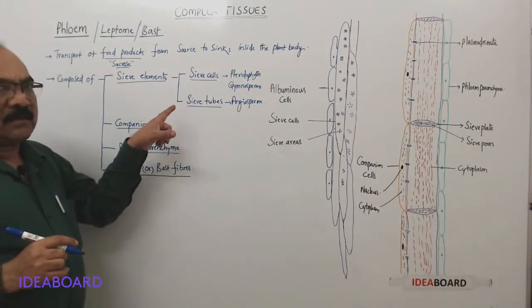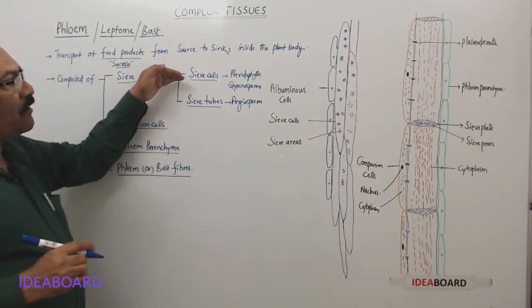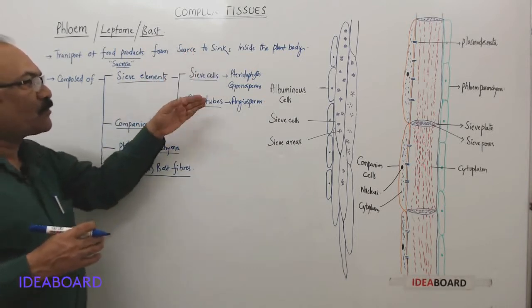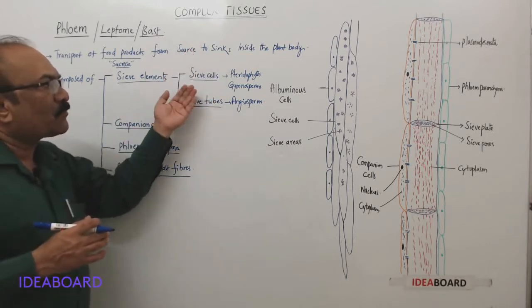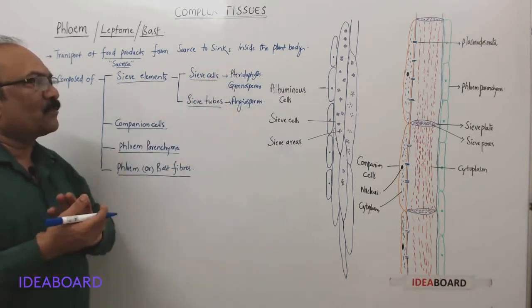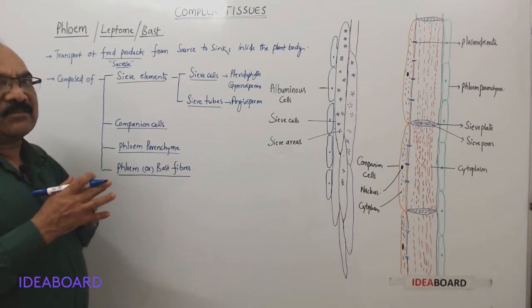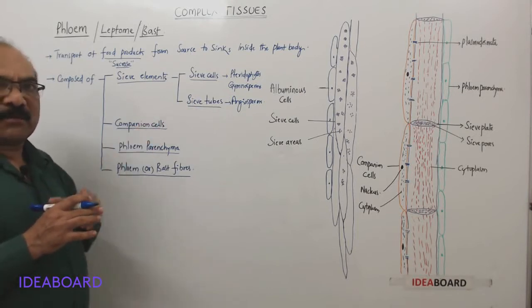I hope you're understanding. Sieve cells are present only in pteridophytes and gymnosperms, and sieve tubes are present in angiosperms, and the sieve tubes are absent in pteridophytes and gymnosperms. So the presence of sieve tubes is a characteristic feature of angiosperms.